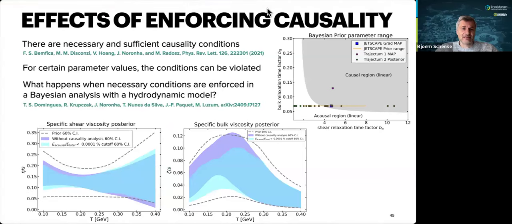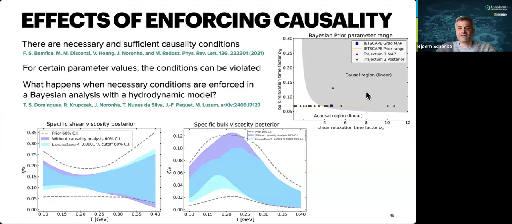Now, I mentioned these causality issues, and there's been some recent work that I just want to briefly mention. People have derived these necessary and sufficient conditions for the system to be causal. For example, they made this plot of whether the system is causal or not as a function of 2 parameters. That's the bulk relaxation time and the shear relaxation time prefactors.